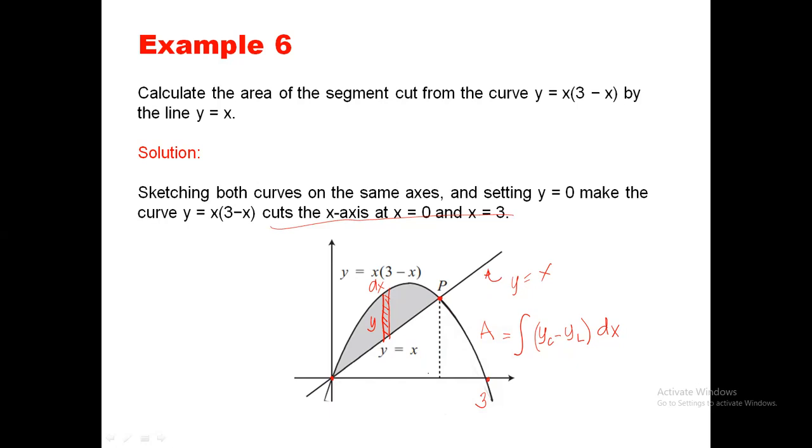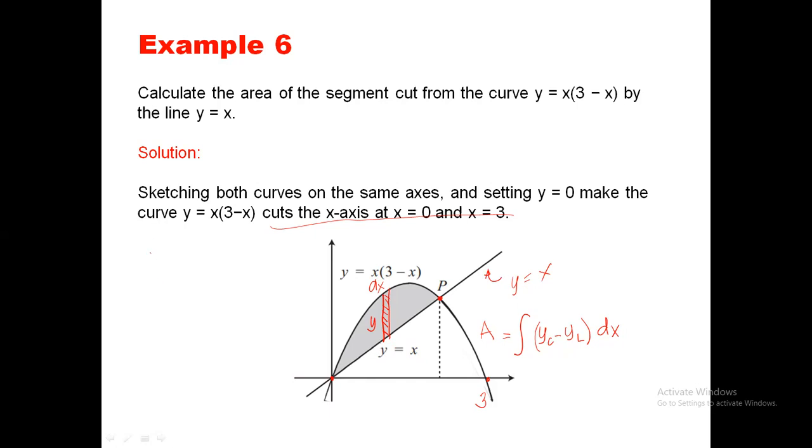That's very easy. At the points of intersection of the line and the curve, they should have the same x and y coordinates. It's common to the two. So this point is common to the line and the curve, and this point is also common to the line and the curve. So what you're going to do is just equate the equation of the line to the equation of the curve.